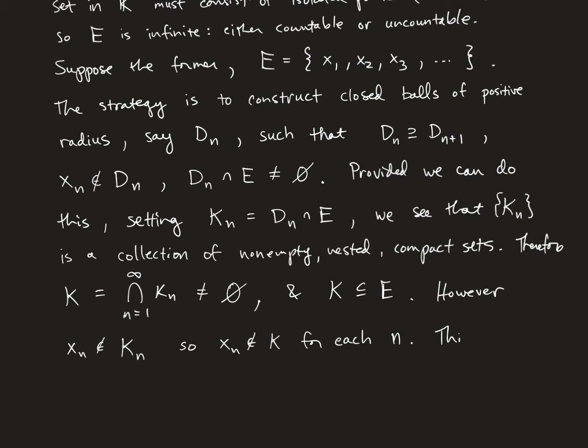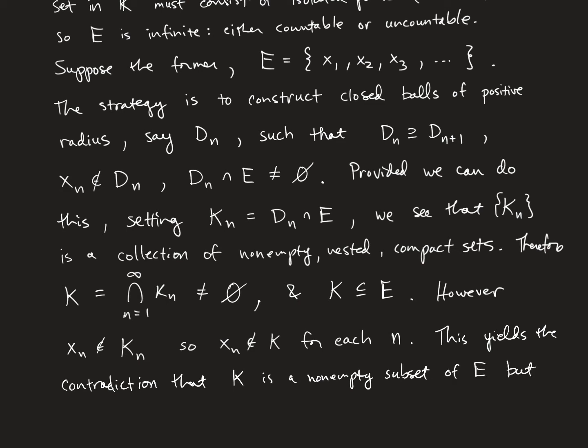So this yields the contradiction that K is a non-empty subset of E, but no element xn of E is contained in it.